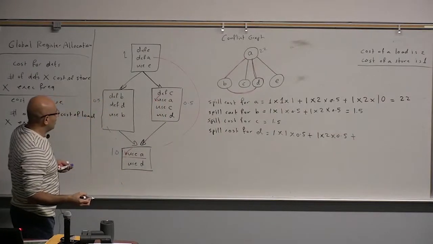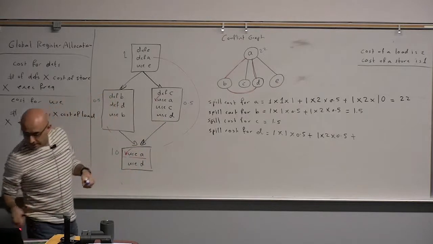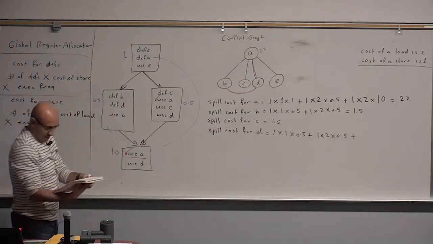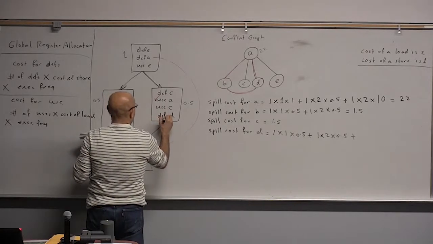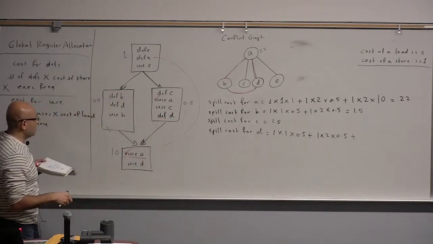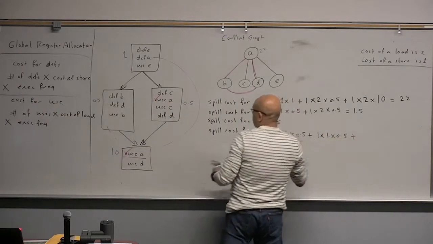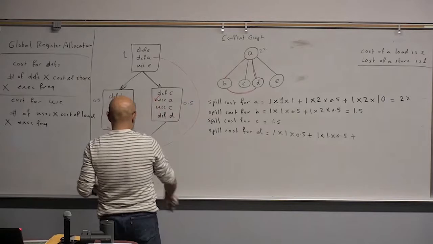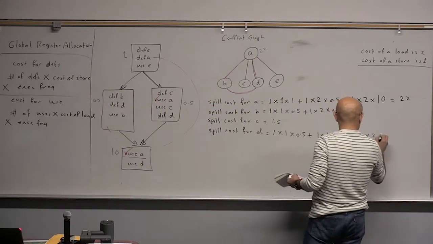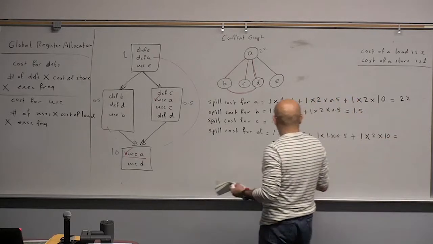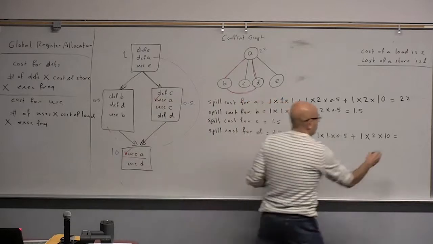Yeah, that's a definition, not a use, because there's no define prior to it in that code. Okay, yeah, I guess you are right. So this is a definition. Thank you for catching this. So this means that this is also a 1. And the use of D here, we have 1 times 2 times 10. So this will give us 0.5 and 0.5 is 1. It's going to be 21.